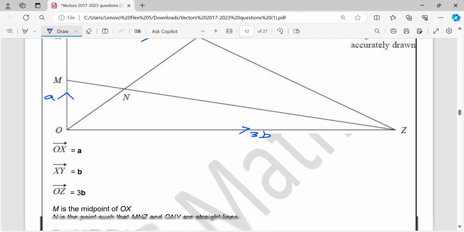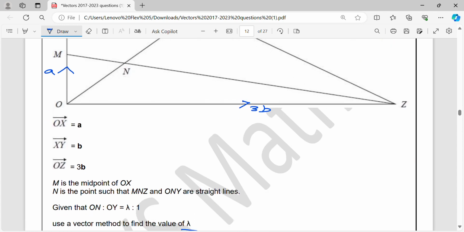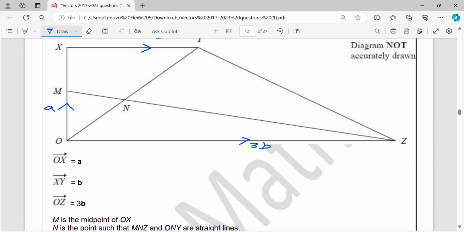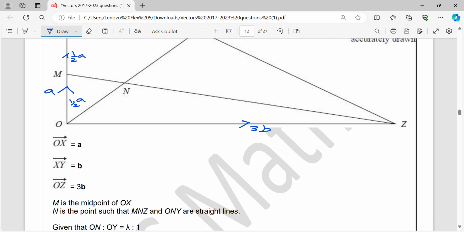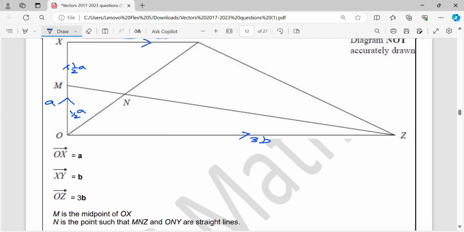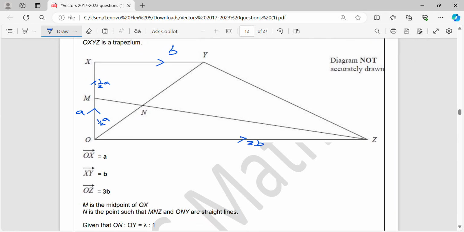Okay. So M is the midpoint of OX. As M is the midpoint, it means that this length is divided into half. So OM would be 1/2 a, and MX would be the same, 1/2 a. N is the point such that MZ and OY are straight lines.